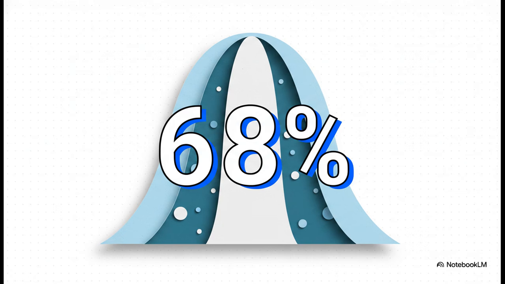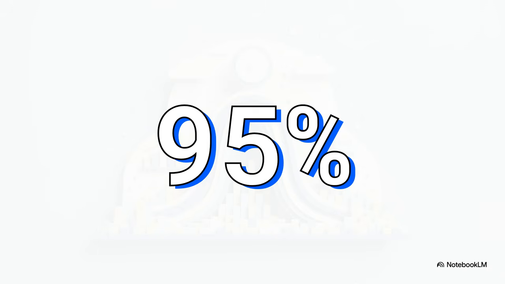Following those strict rules of symmetry, right, around 68% of all data values in a normal distribution will lie within just one standard deviation on each side of the mean. So right there in the thickest part of the bell curve, over 2/3 of your data is just sitting comfortably. Push it out just a bit further to 2 standard deviations on each side of the mean, and suddenly you capture approximately 95% of the data values.